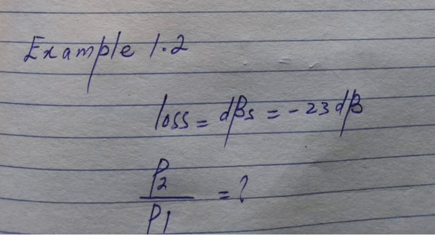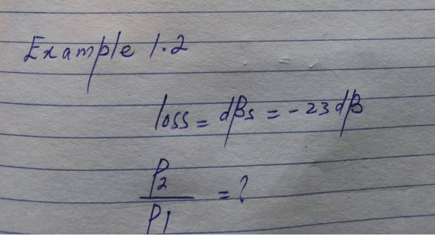Let us go to example number 1.2. In example number 1.2, we have been given a communication system, and the loss of this communication system is given in decibel, which is minus 23 dB. We want to calculate the transmission efficiency of this communication system, that is P2 by P1.